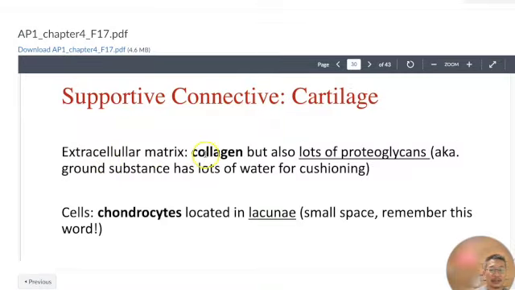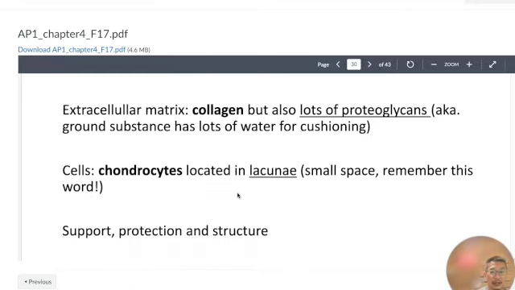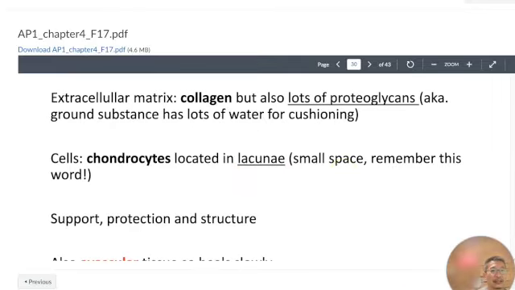The extracellular matrix is collagen, also lots of proteoglycan, ground substance, good for cushioning. For cartilage, the cells are called chondrocytes, and they live in a little space called a lacunae. We're going to learn this word. You need to remember them, both of them.